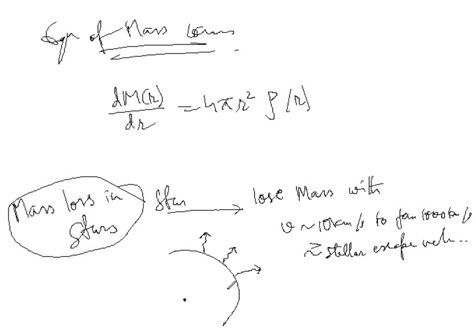Now you see, we can use this equation of continuity and obtain a very simple expression for the mass loss rate, basically the rate of mass loss in stars per unit time. Let's see. So basically we have dM/dr is equal to 4 pi r square rho. The rate of mass loss is basically M dot or dM/dt.